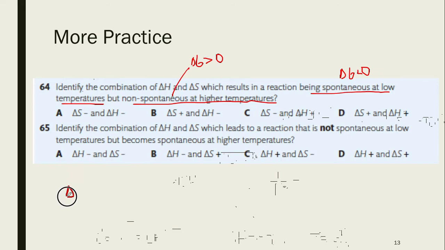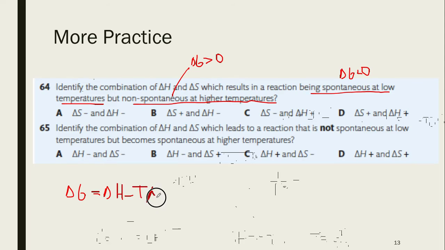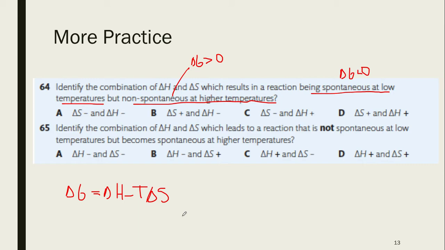We know that delta G equals delta H minus T delta S. Let's look at the first part of the question: spontaneous at low temperatures. In order to get spontaneous, we need delta G to be less than 0, which means we need delta G to be negative.